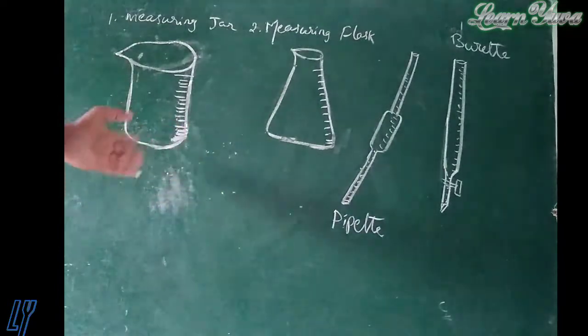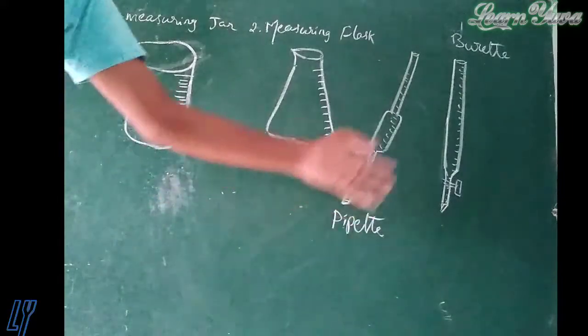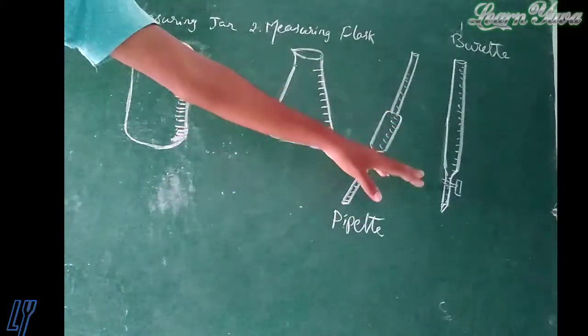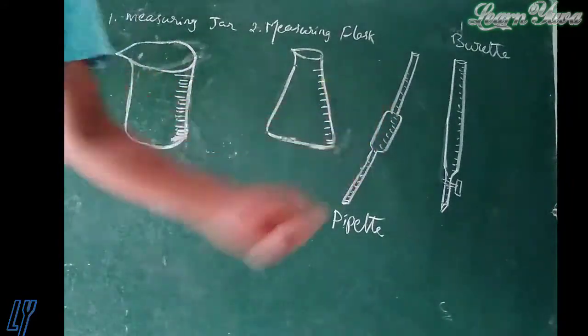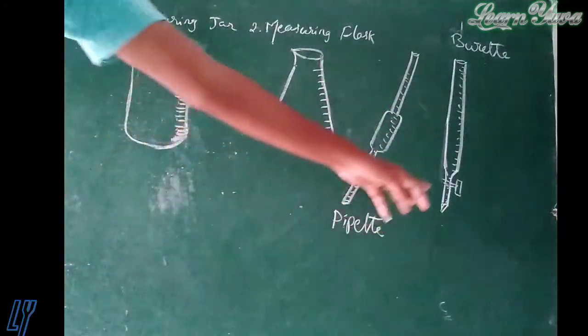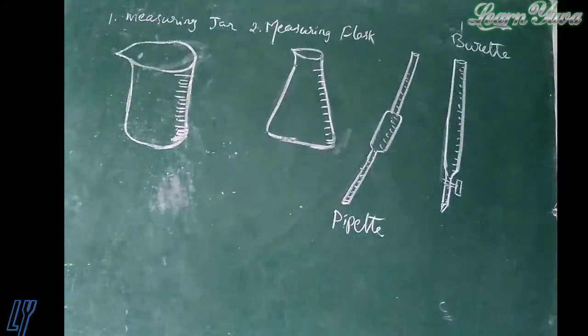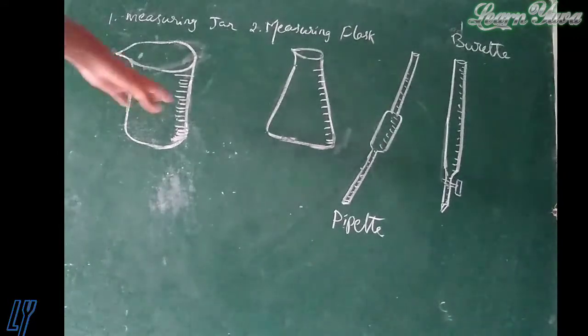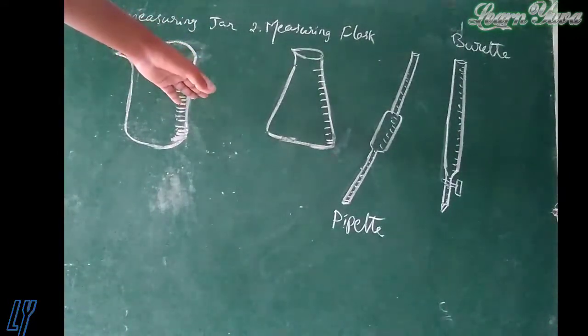Measuring cylinder or measuring jar, measuring flask, pipette and burette. With the help of the burette we can measure a very small quantity of liquid because it has a nozzle here. If you observe these devices, all the markings are marked on them.